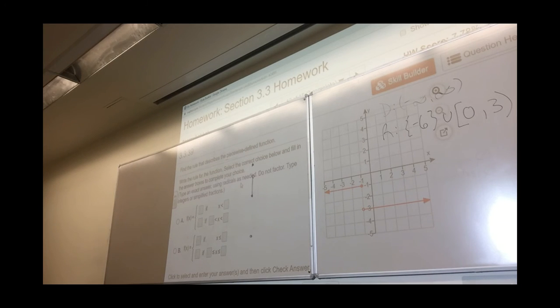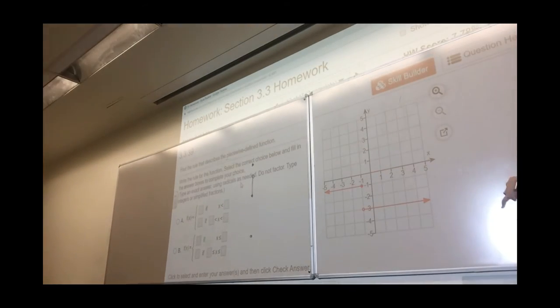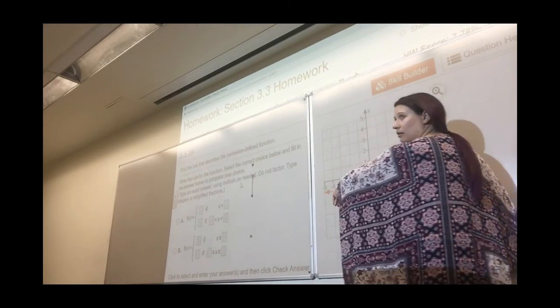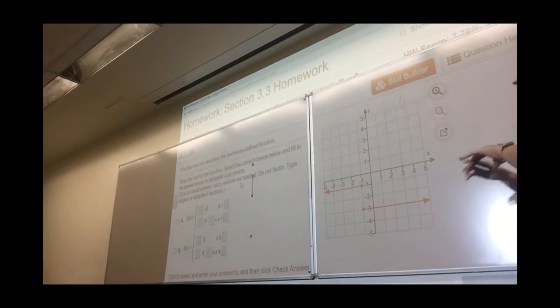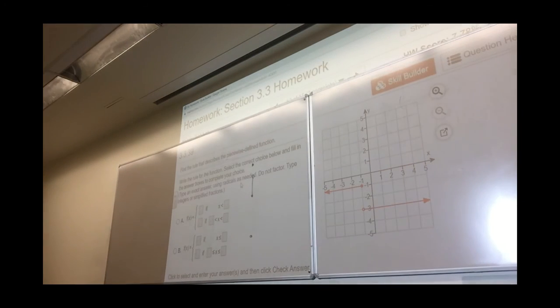We have this piece that's just less than, right? And then we have this piece that's just greater than. Well, this is less than or equal to, yes. So we want a less than or equal to and just a greater than. So we want those two pieces, right?